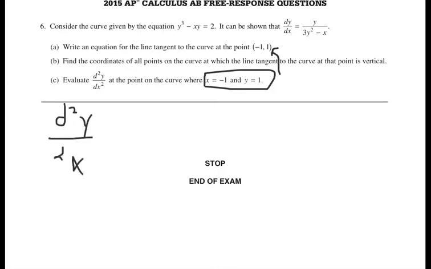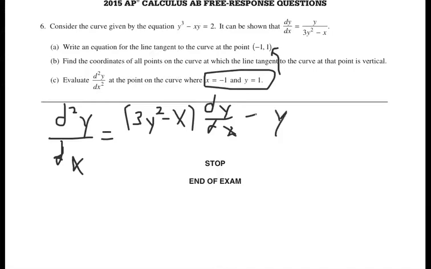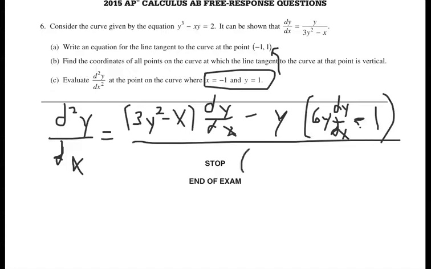So quotient rule says the bottom times the derivative of the top, so the derivative of y is dy dx, minus the top times the derivative of the bottom, so 2 times 3 is 6y, and again we're doing derivative of y with respect to x, so I need a dy dx here, minus 1, and then that's all over the bottom squared.